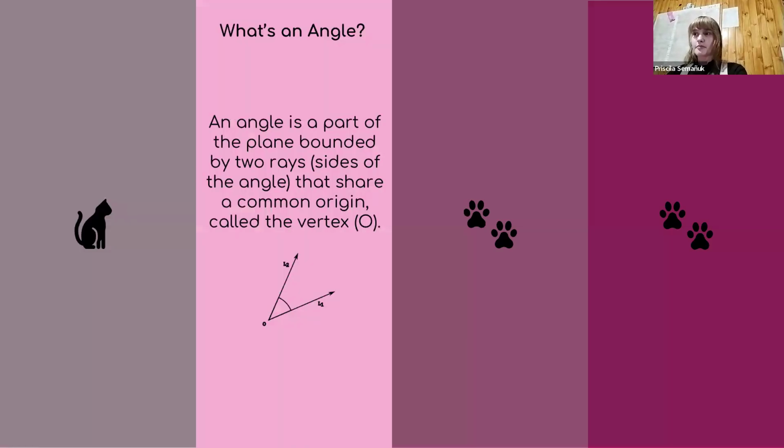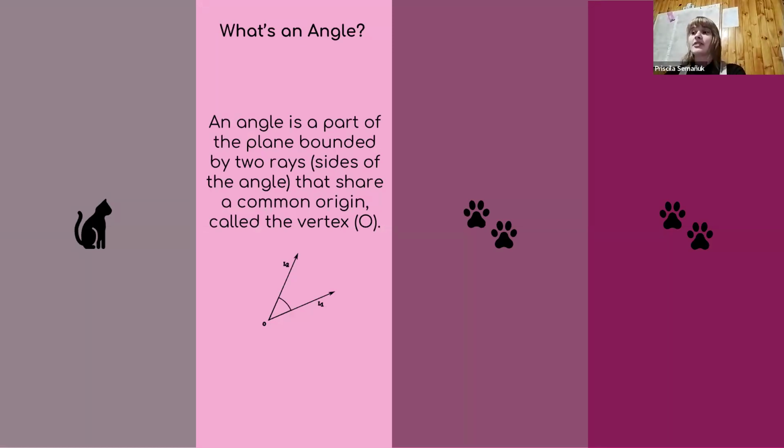So, what's an angle? Because we said that trigonometry studies triangles and angles, but what is an angle? Well, I have two definitions for you. The first one is an angle is a part of the plane bounded by two rays, sides of the angle, that share a common origin called the vertex.